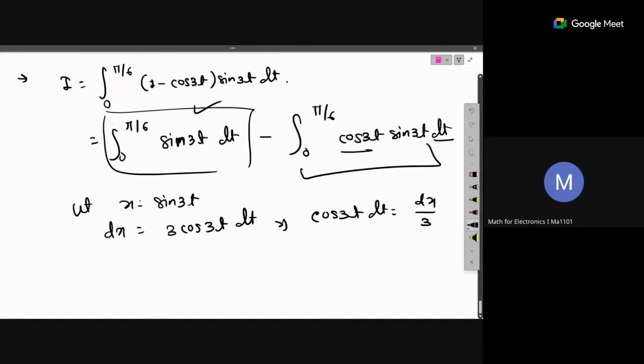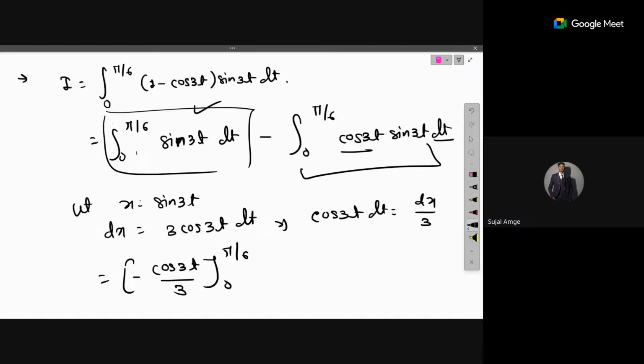And the integration of the first part will become minus cos 3t by 3, from 0 to pi by 6. Just the basic formula, integration of sine ax is minus cos ax by a.